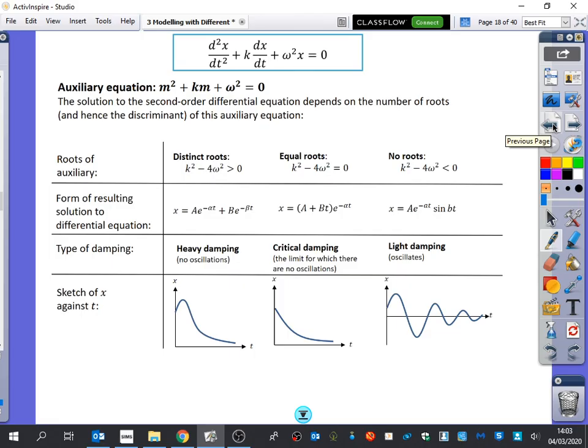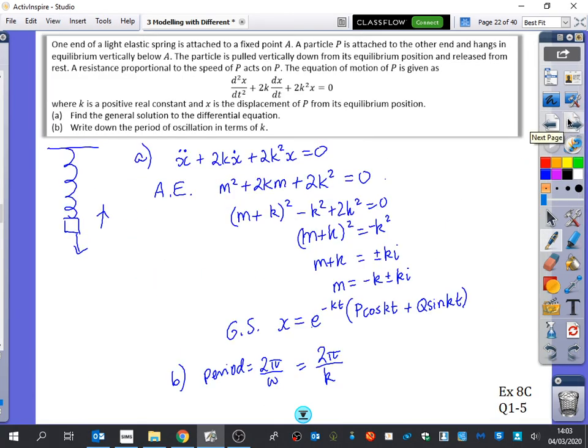We've said it's omega squared x, but then it's got a different factor in front of the k. The fact that k appears in both of them means you can't just look at that pattern. If it was just a k, then omega would be root 2k. It's not exactly the same as the previous form. So the period is 2 pi over k seconds.